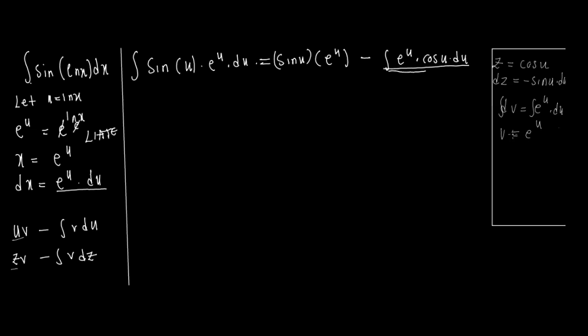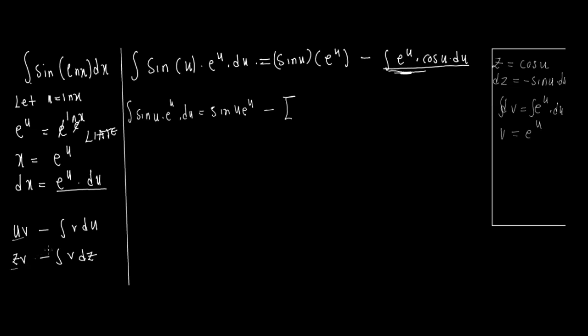So we're going to apply this integration by parts again on this one. So I have the integral of sine of u times e to the u du, which is equal to sine of u e to the u minus, let's apply the integration by parts formula.